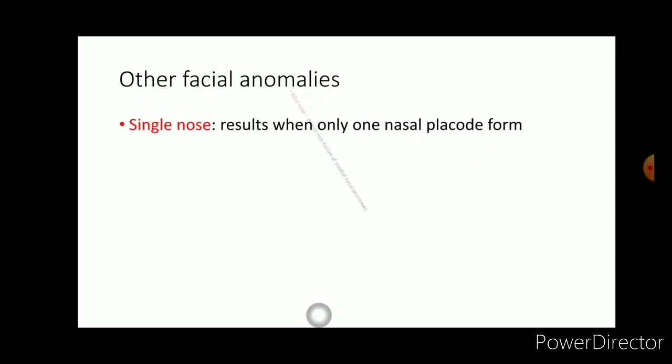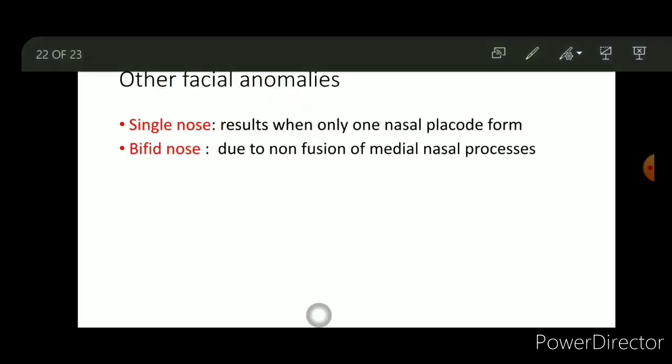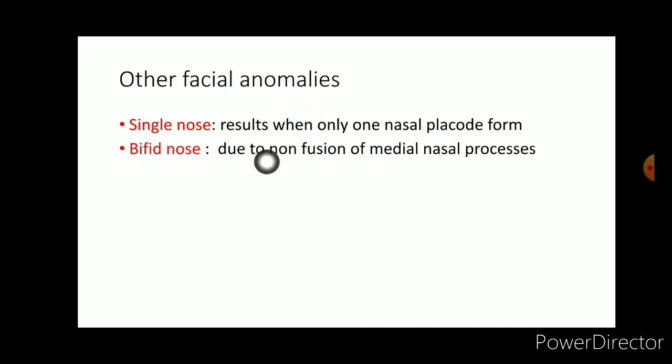Other facial anomalies: single nose is due to the formation of only one nasal placode. Bifid nose is due to non-fusion of the medial nasal processes.